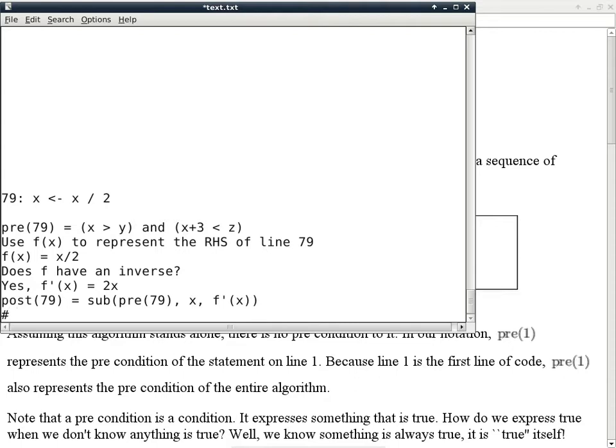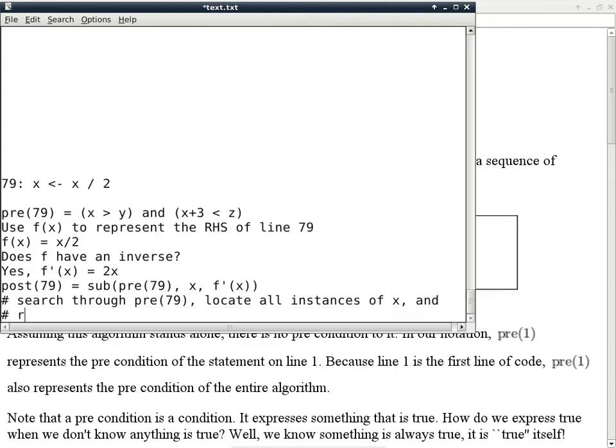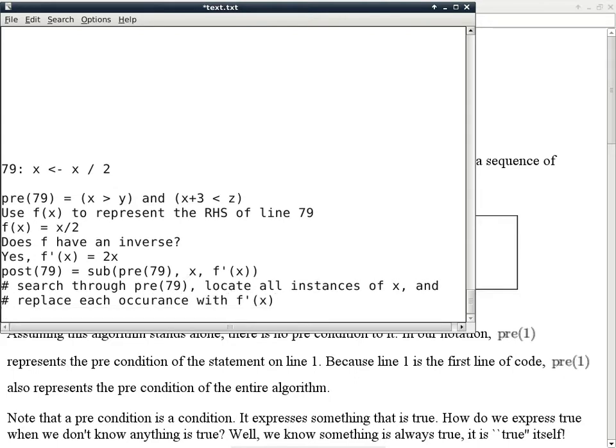This means we search through pre-79, locate all occurrences of x, and replace each occurrence with f prime of x. That's what we are doing with the sub operator.